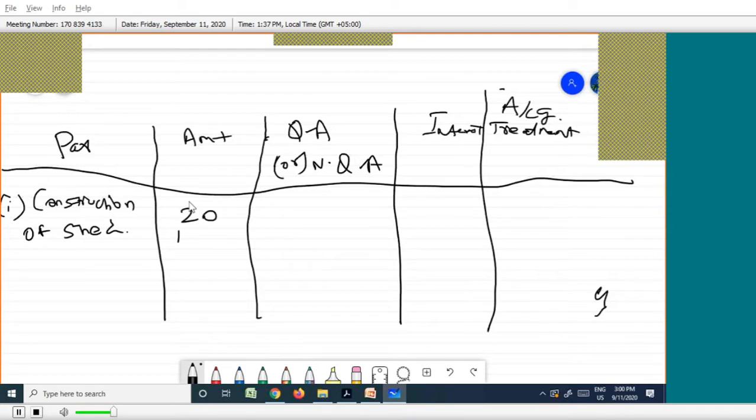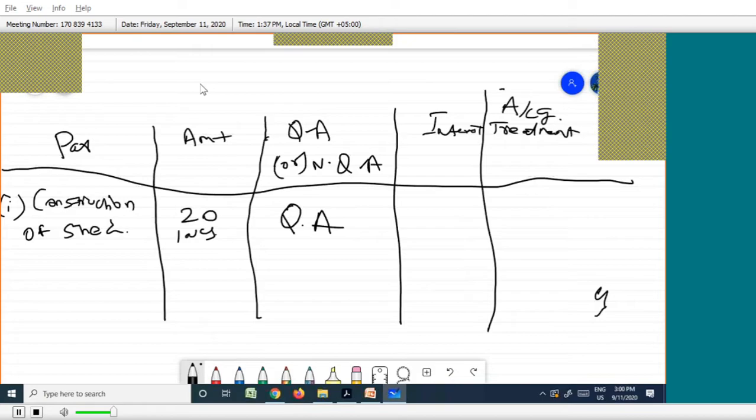Qualifying asset or non-qualifying asset? QA. Interest we will calculate later. First we will complete this qualifying and not qualifying part.